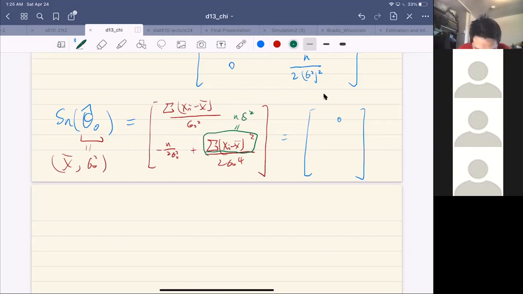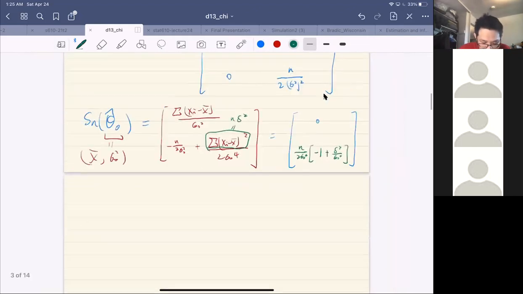So it can be like n over 2 sigma squared times negative 1 plus s squared divided by sigma null squared. And we plug in the formula. The score function Sn is equal to this.